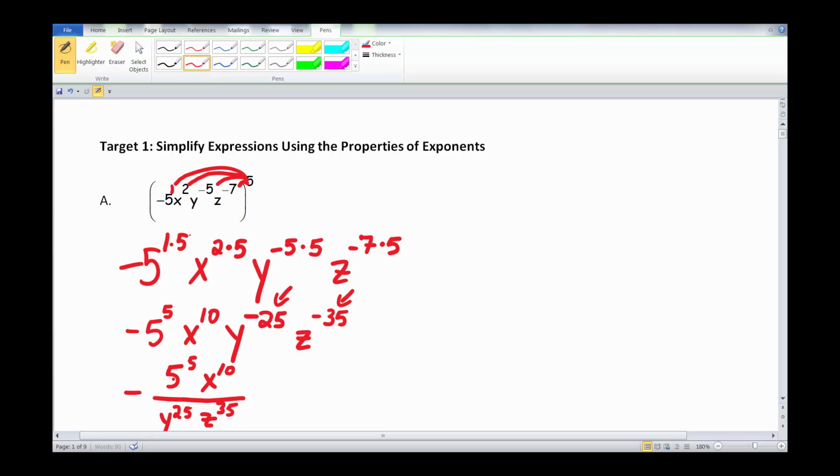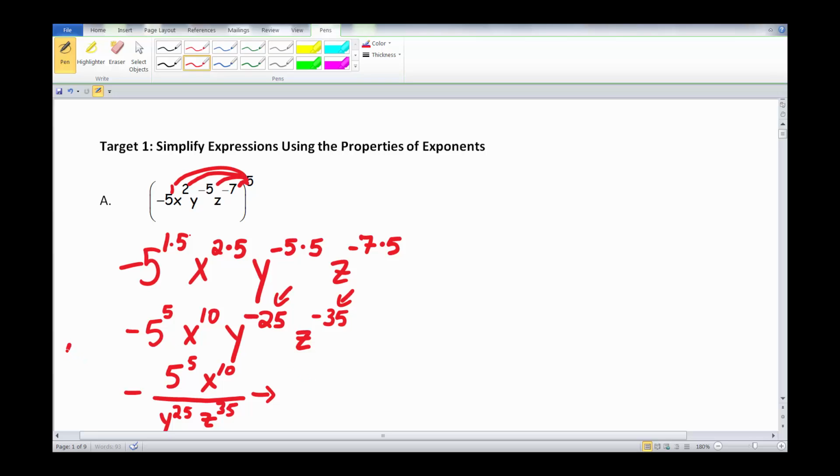Now when we're looking at negative 5 to the 5th, we should really simplify that number. So we would end up with 5 times 5 is 25, times 5 again, that's 125, times 5, that's 625.